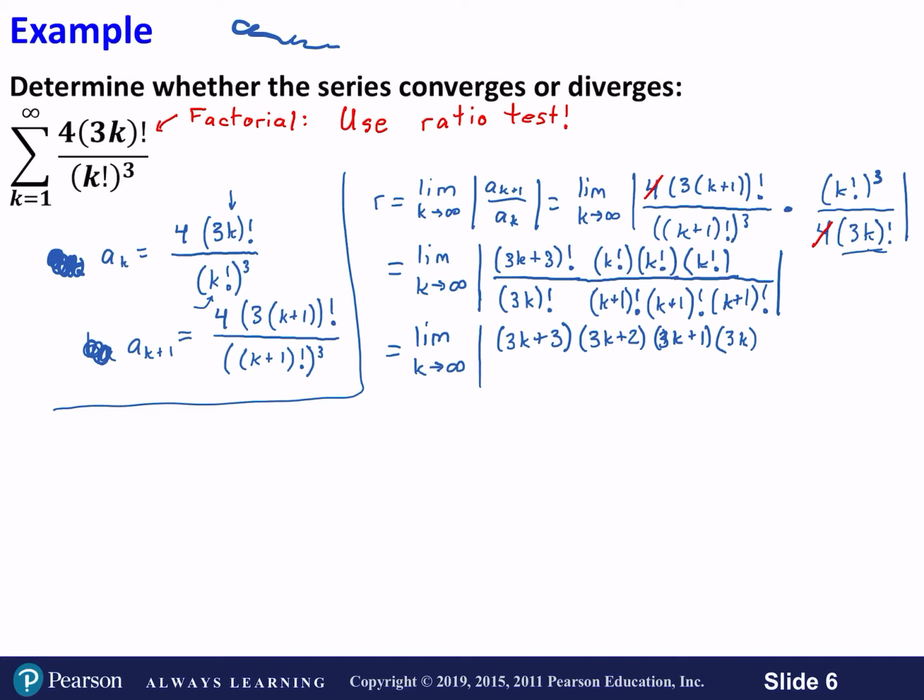So we would say times 3k-1, 3k-2, 3k-3, all the way down to 3, 2, 1. Or we could just think of this as (3k)! right here. And then we still have on top k factorial, k factorial, k factorial.